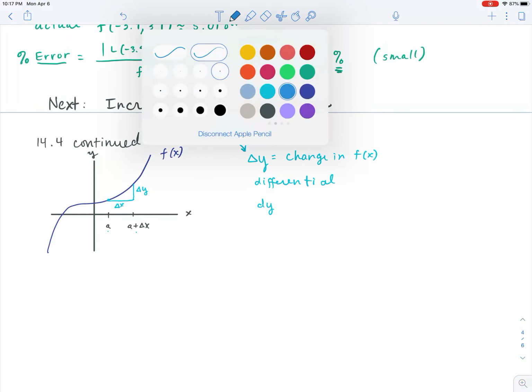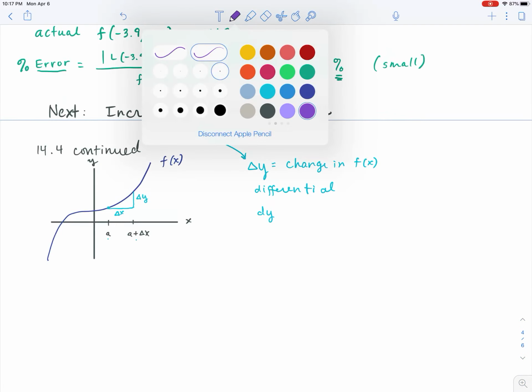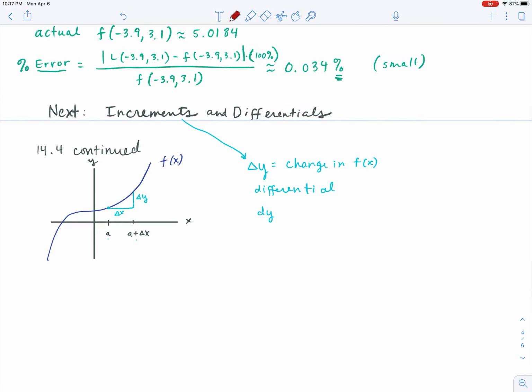So if I put a tangent line at A, this is a tangent to f at x equals a.